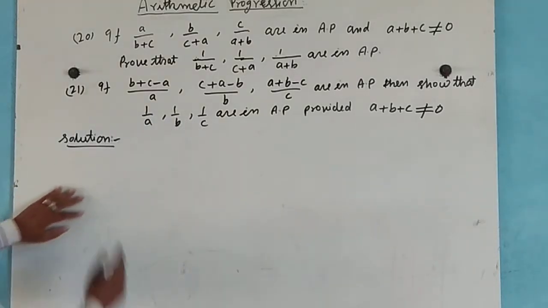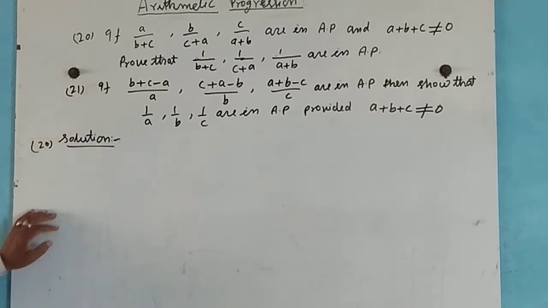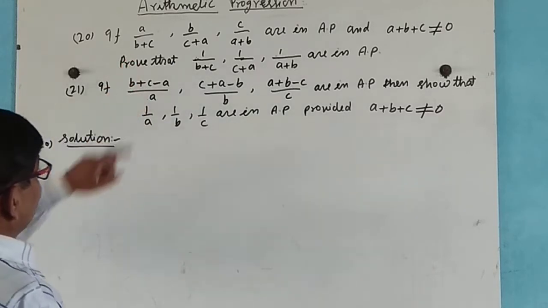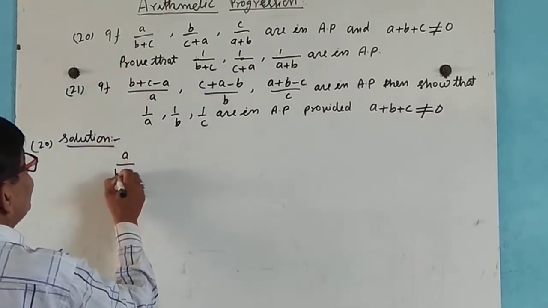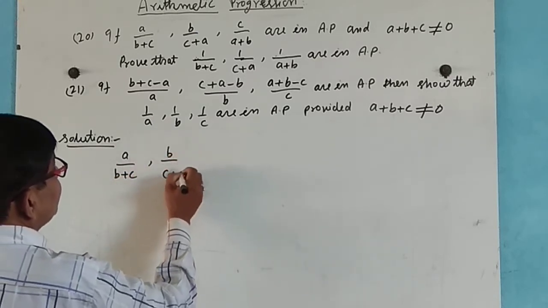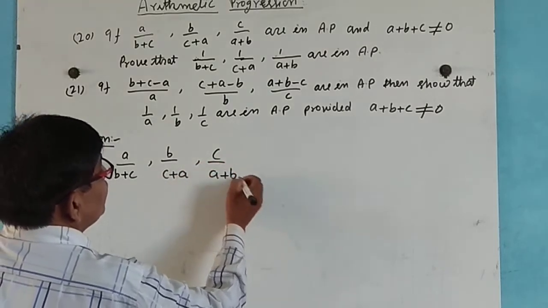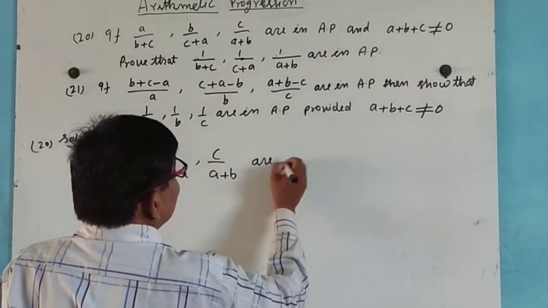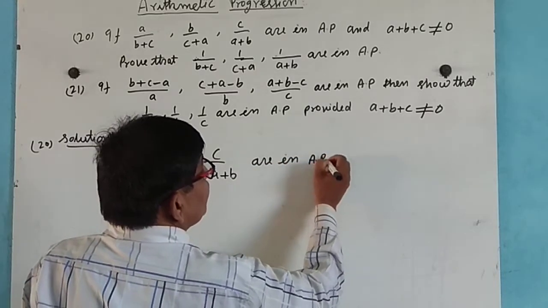Now question number 20. Here a by b plus c, b by c plus a, c by a plus b are in AP.